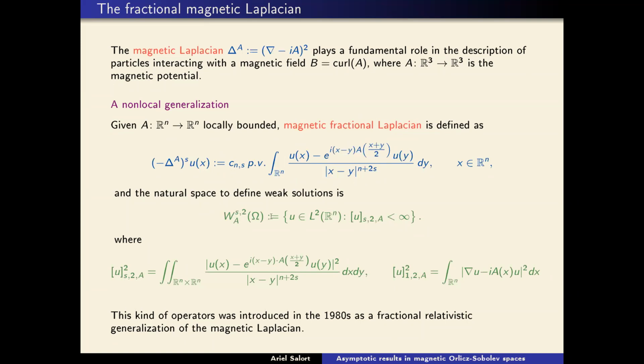The space where to define weak solutions is the space W^{s,2}_A, which is the set of functions in L^2 for which this quantity, this seminorm, is bounded. In the limit case, when s is equal to 1, the seminorm is this one given in terms of the gradient, for the space W^{1,2}_A. So what happens when you send the parameter s to 0 or 1 in these kinds of spaces?